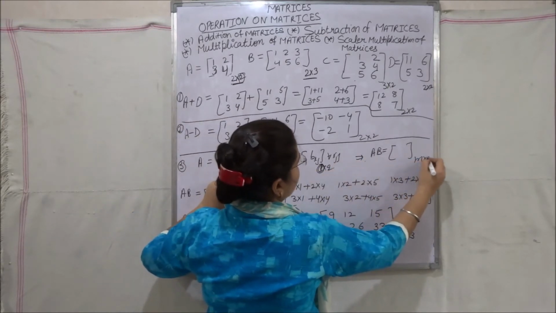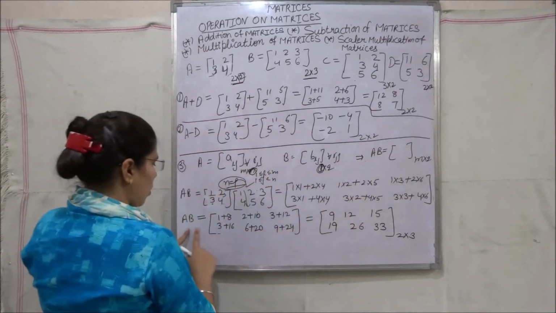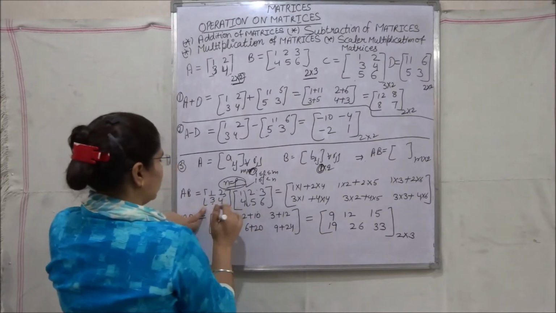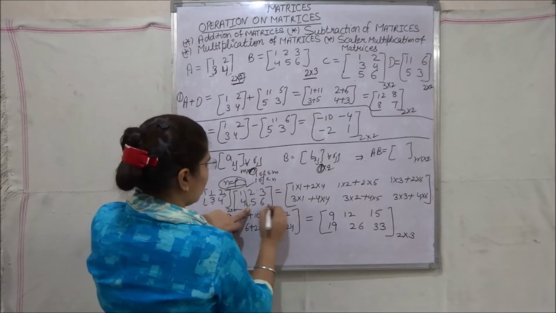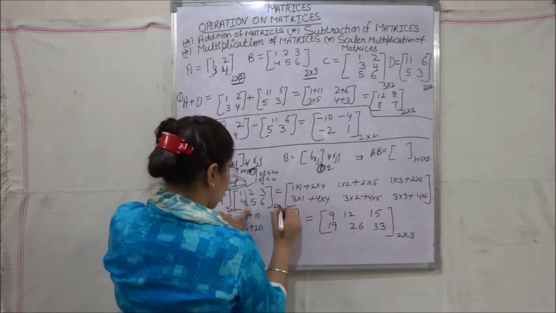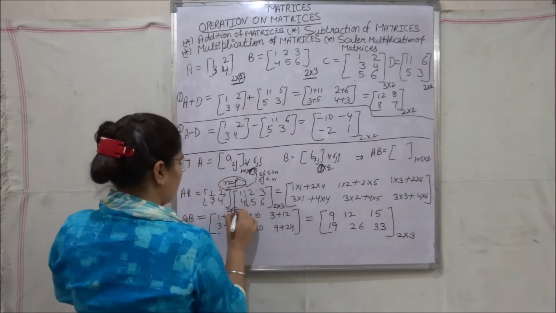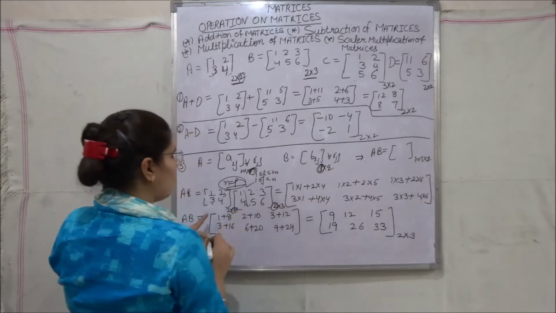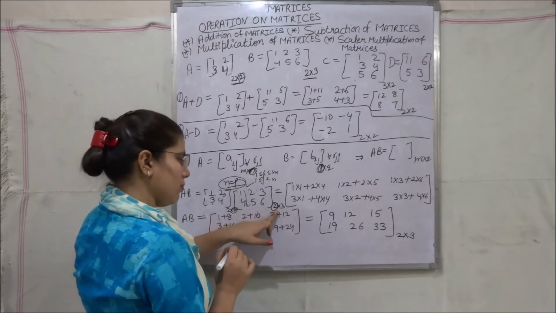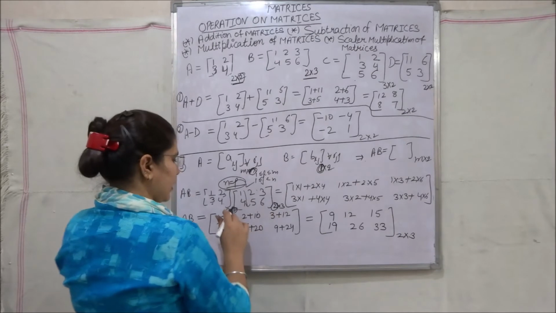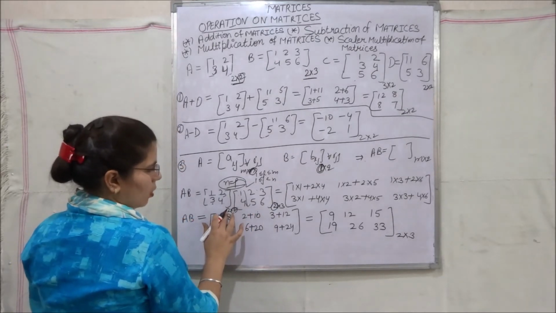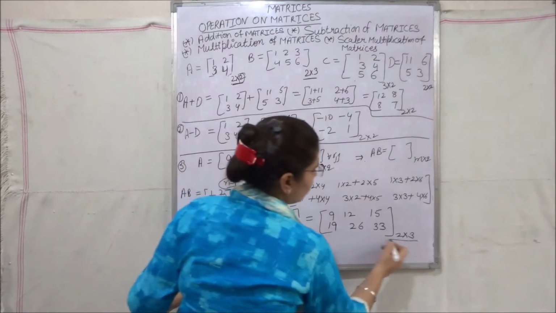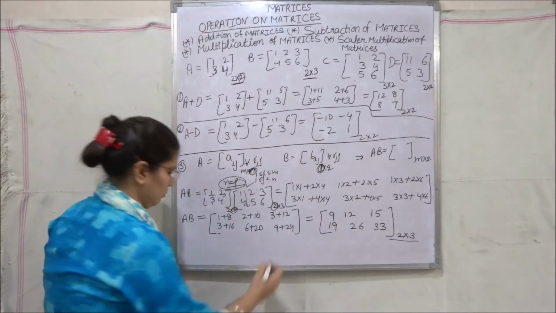Now A was of order 2 cross 2 and B was of order 2 cross 3. Here the number of columns of the first matrix is equal to the number of rows of the second matrix, that is 2, and the second thing is that it is of order 2 cross 3, which is done.